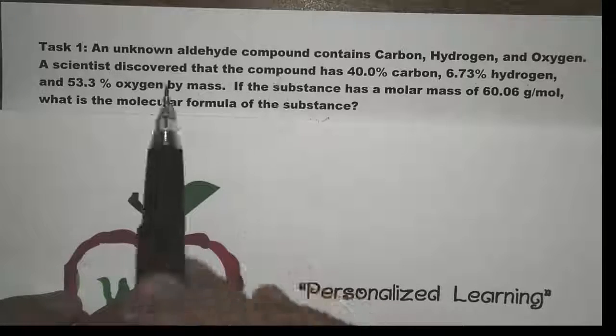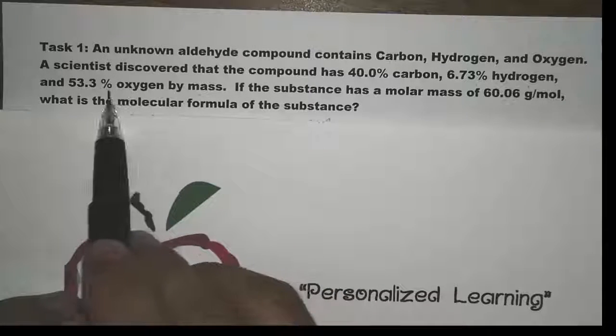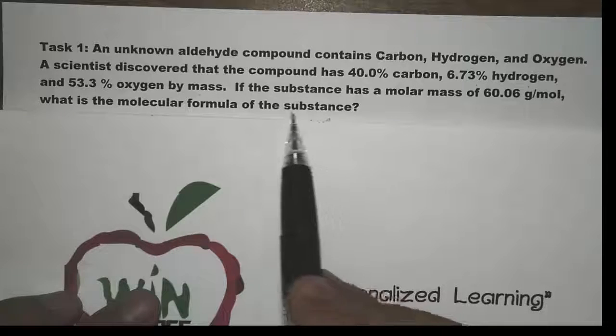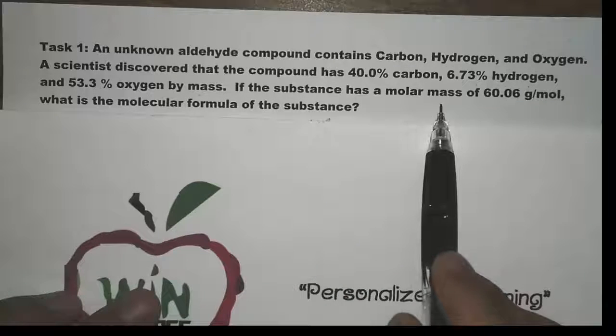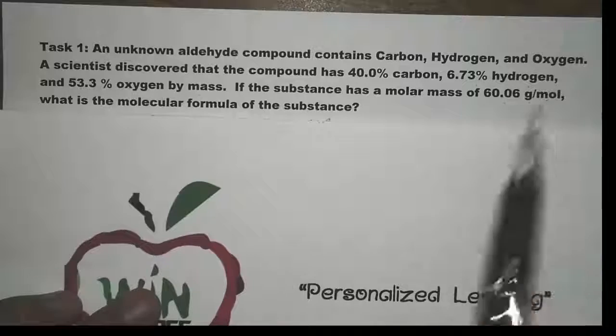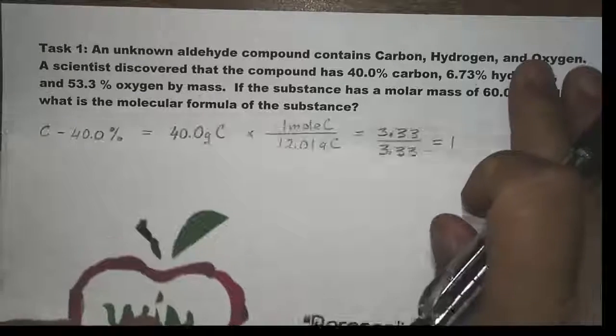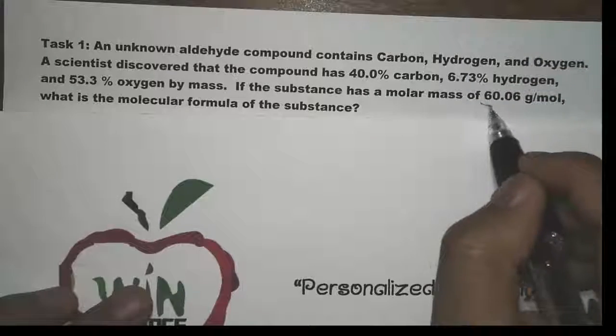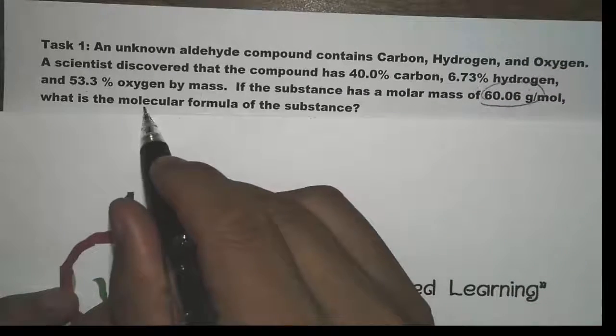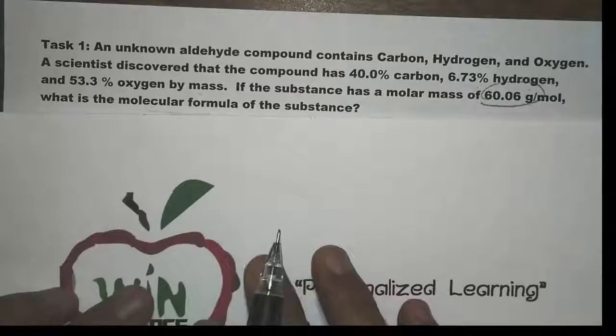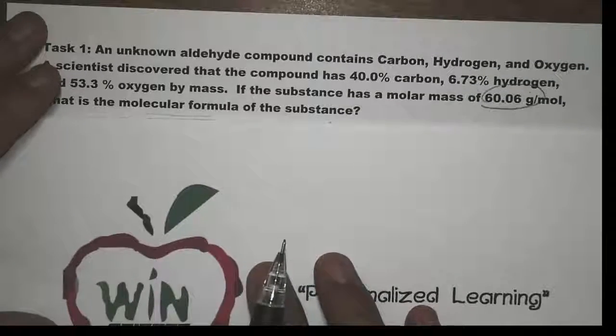So we have to figure out how to find the empirical formula from percent by mass. Now, if the substance has a molar mass of 60.06 grams per mole, what is the molecular formula of the substance? And of course, this is the molar mass of the molecular formula. So let's look at how we solve this problem.